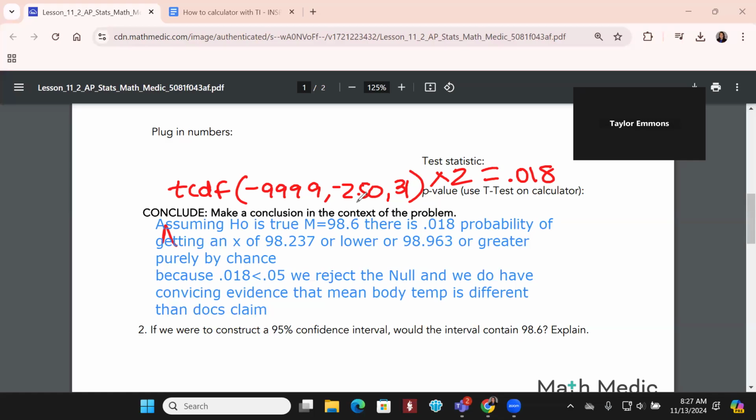If we were to construct a 95% confidence interval, would the interval contain 98.6?